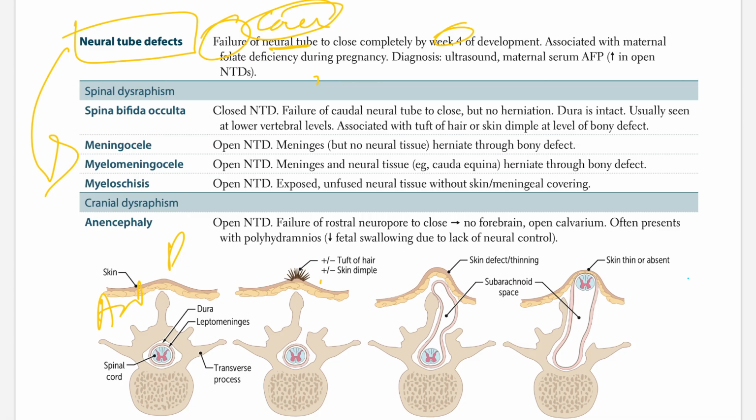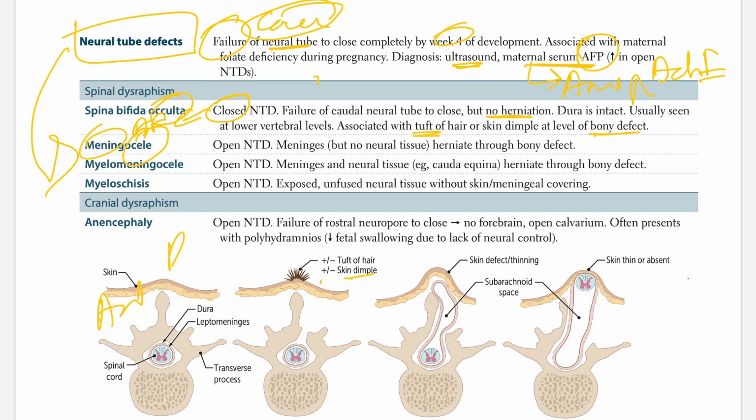And you could check that out by doing an ultrasound, by maternal serum AFP, or you could look in amniocentesis at AFP or AChE in the amniotic fluid. So the occulta is the very benign one, meaning the least problematic. It is a closed entity, so it's going to have normal AFP levels, and you will just have no herniation, just a tuft of hair and the bony defect, with a skin dimple.